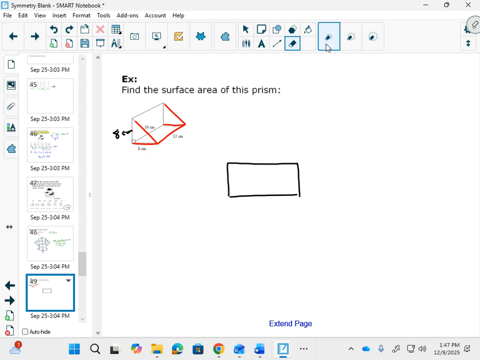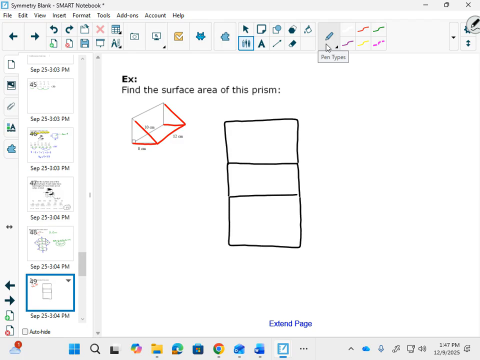I'm going to take that away. But I'm going to draw it. So I'm going to draw that as my back square. I'm going to put another square here. Another one here. And off of each of these triangles. Let's label the sides that we know.